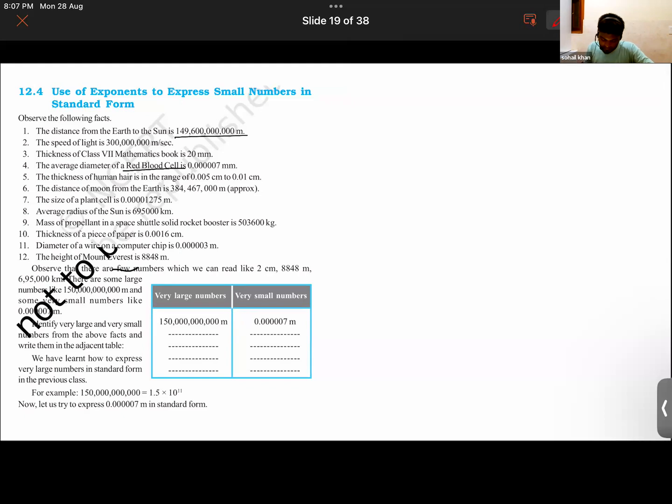So see, for example, here, numbers like 2 centimeter, 8,848 meter, or 6 lakh 95,000, right? These are some large numbers, and there are some very small numbers also.